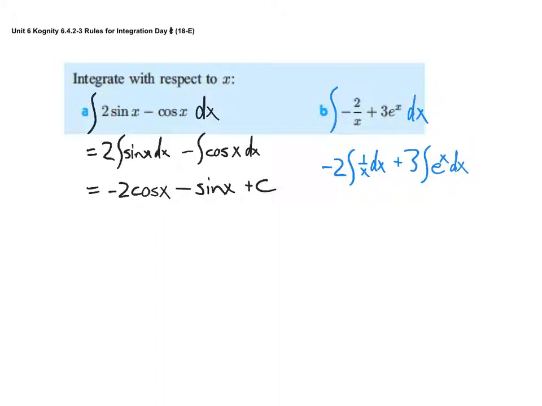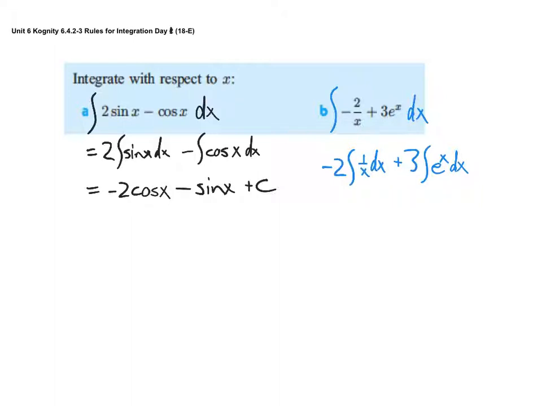Notice how I'm using these two properties that we've just talked about. I can pull constants out, and I can separate sums or differences into different integrals. And now what I'm taking the integral of, I have a rule for.